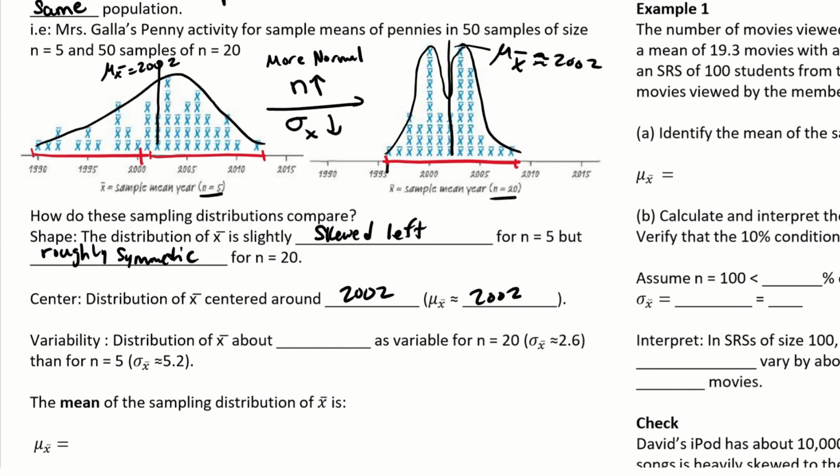So the one on the left is about 2 times as spread out as the one on the right. In other words, the one on the right is about half as variable as the one on the left, and hence a decreased sigma.